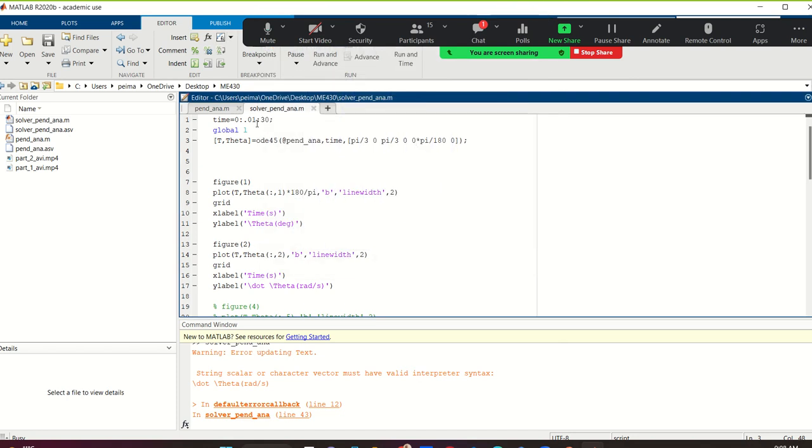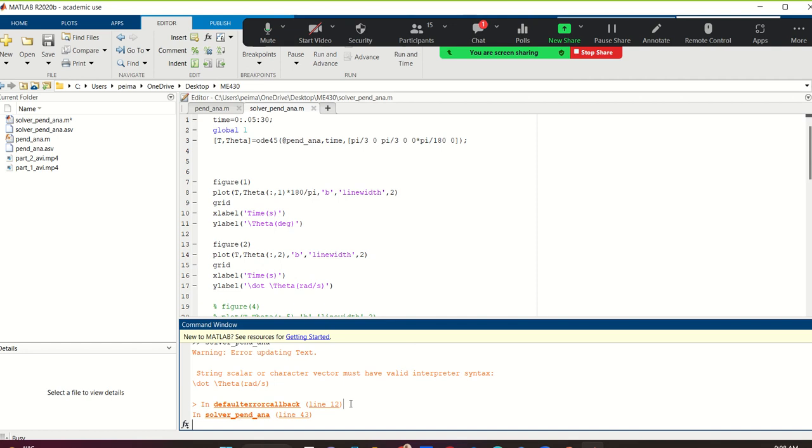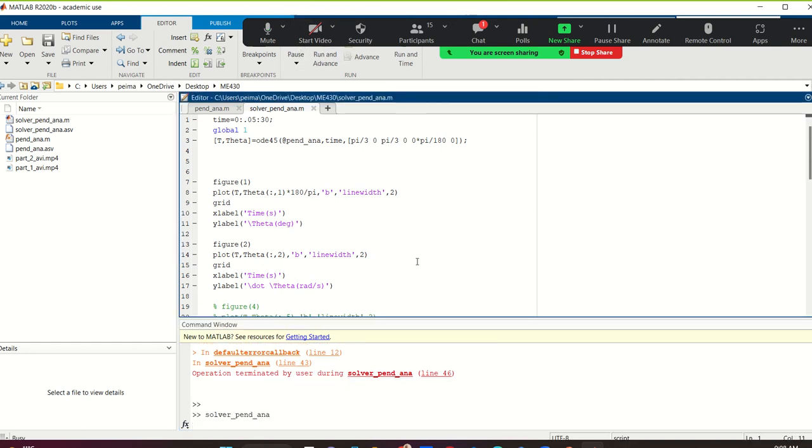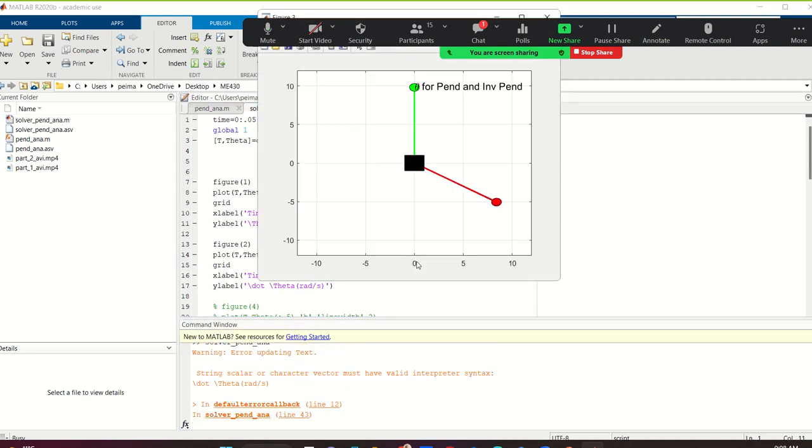I'm going to increase the time to 0.5 to make the simulation longer. This is 0, the equilibrium point of 0. It stays there, right?